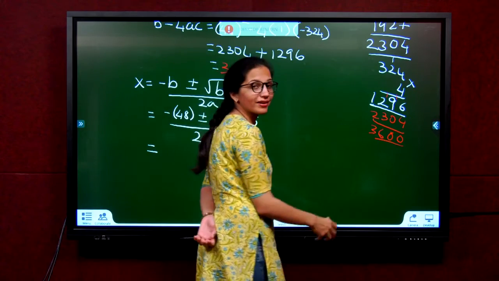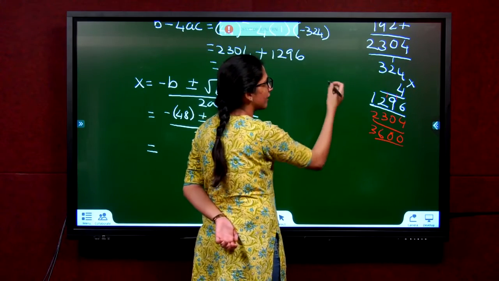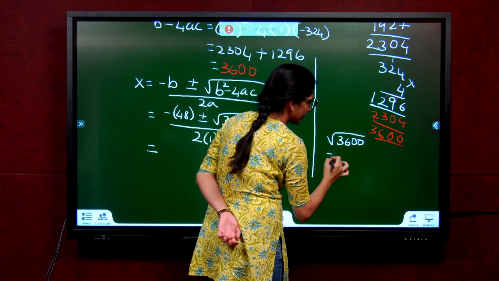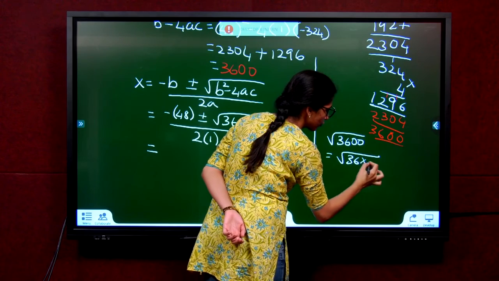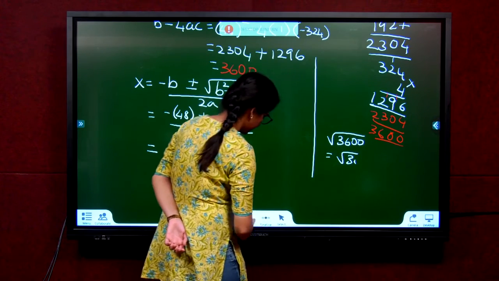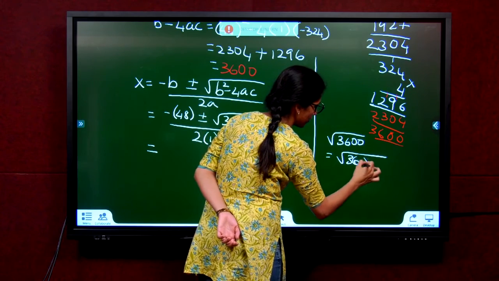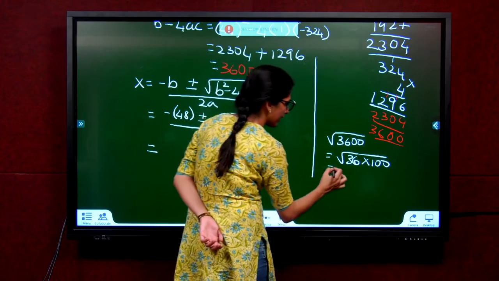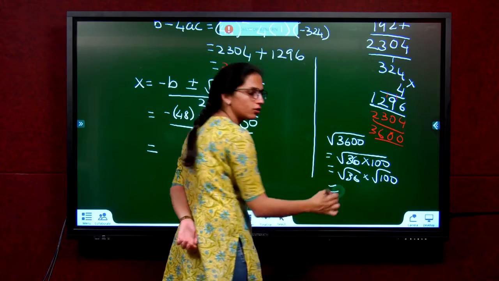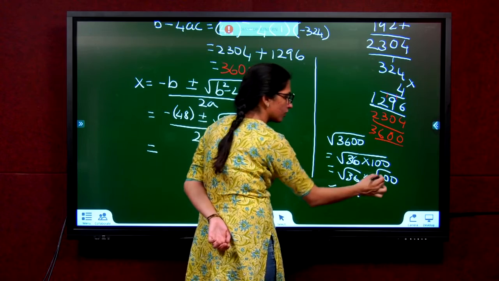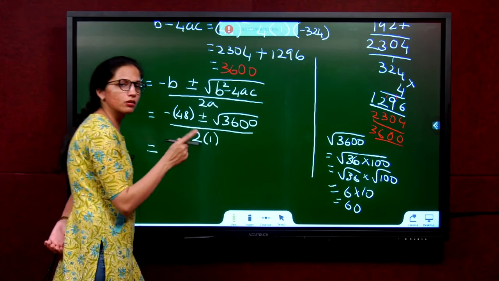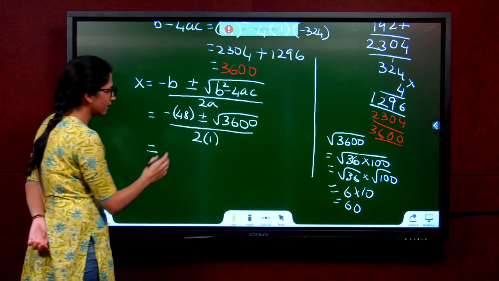You can go for prime factorization. It's little lengthy. We will adapt to better shortcuts now. 3600. Can I write it as root of 36 into root of 100? Please see. 36 into 100. Yes, I will split it. Root 36 into root 100. What is root 36? 6. What is root 100? 10. What's the answer? 60. You can also go for prime factorization. You will get the same answer.